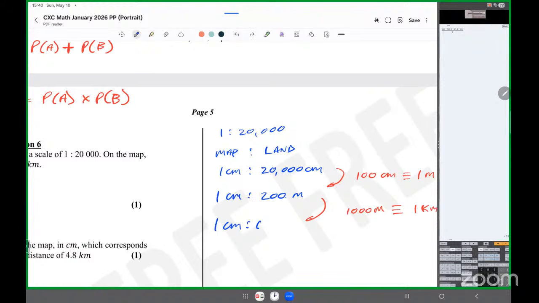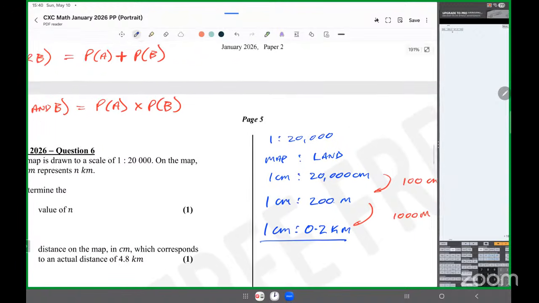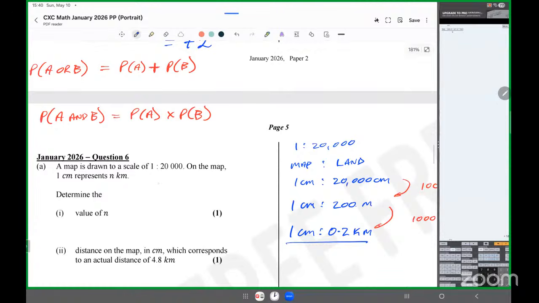So that's going to be 0.2 kilometers, and that becomes a scale for distance. So we get 1 centimeter to 0.2 kilometers. So this n that they said is 0.2.